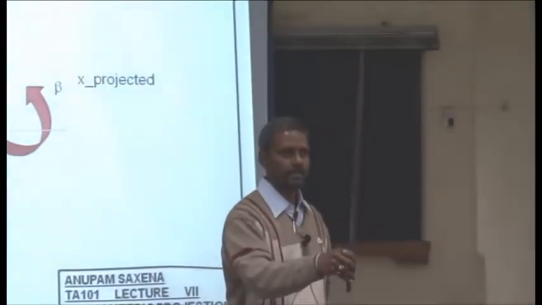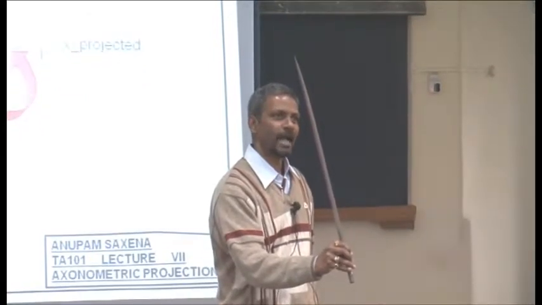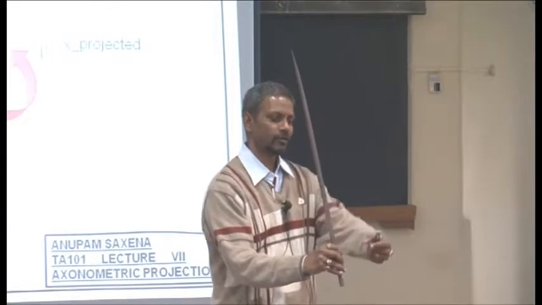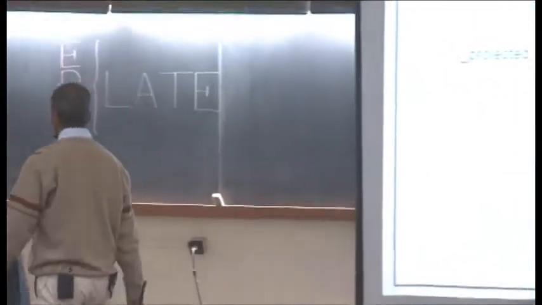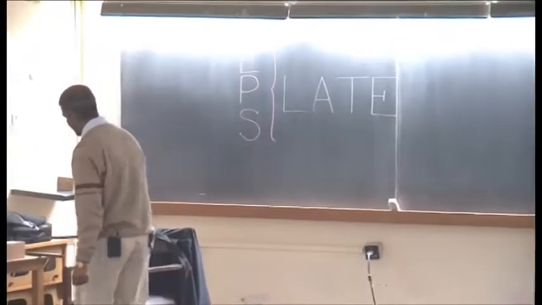It's totally vertical. Now, if I rotate it towards myself, what happens to the length? Decreases by how much? By cosine of this angle. Okay, so all lengths will change, and it so happens that all lengths will get reduced.